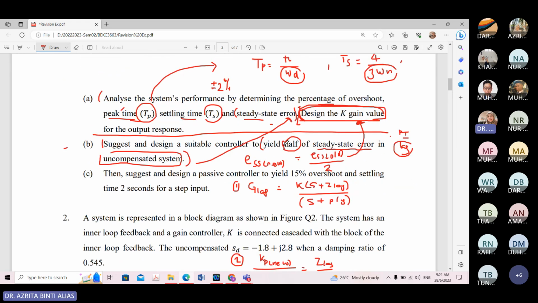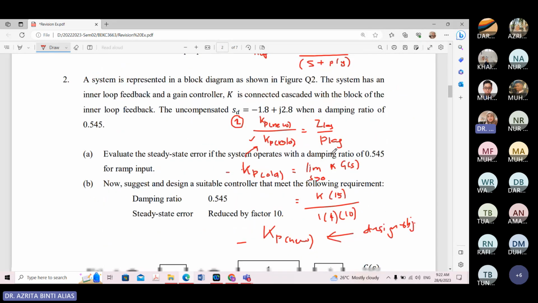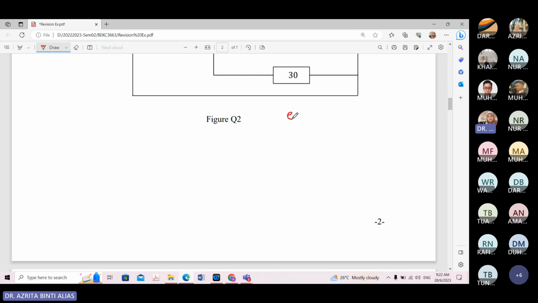We already wrote the equation for the design objective: ESS new is equal to ESS old over 2. So what is the value of ESS old?